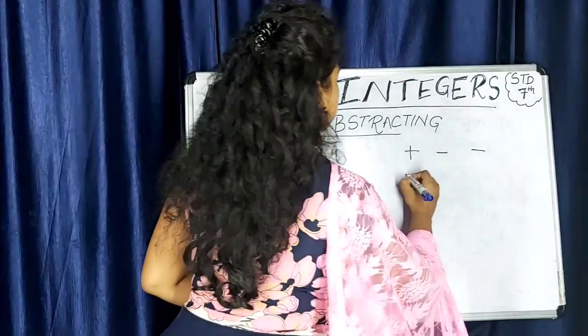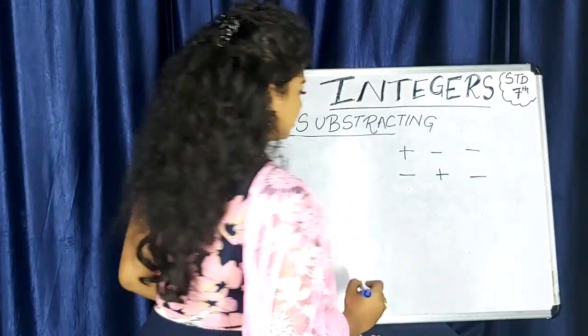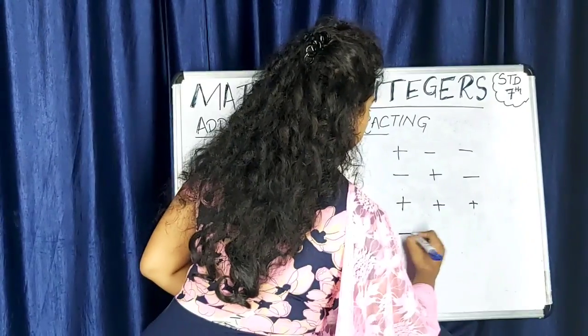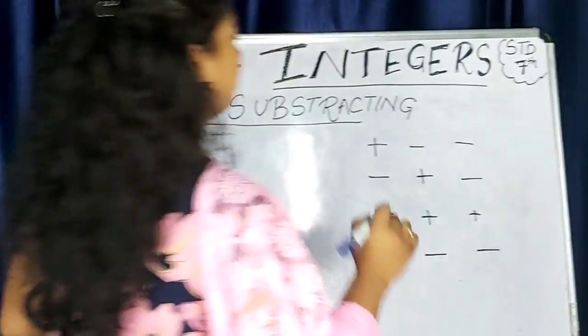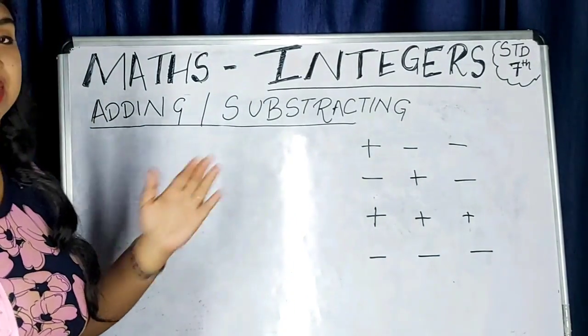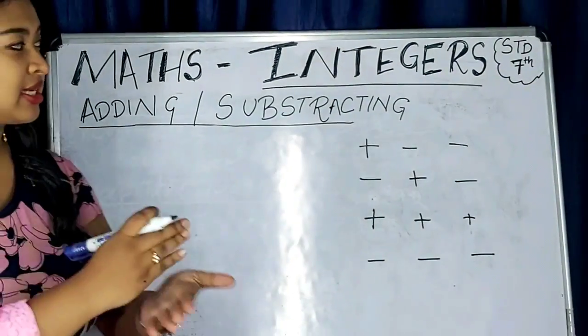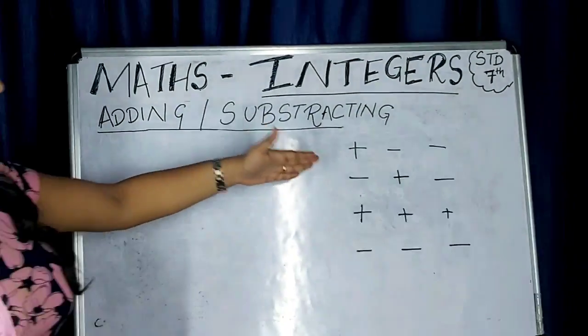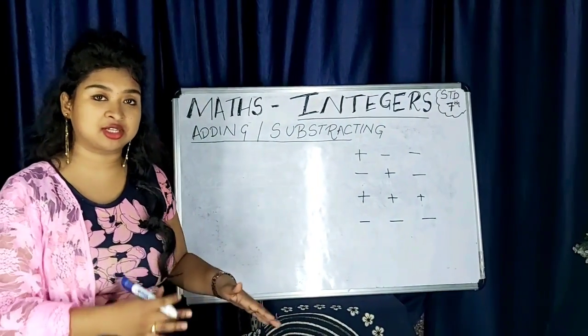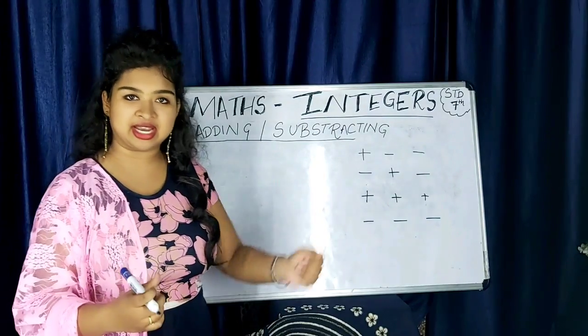Okay, minus plus minus, plus plus plus, and minus minus is minus. So these are 4 major rules for adding and subtracting. अगर किसी भी दो numbers पे it is a positive integer and a negative integer is subtracted, you are going to get a negative integer.